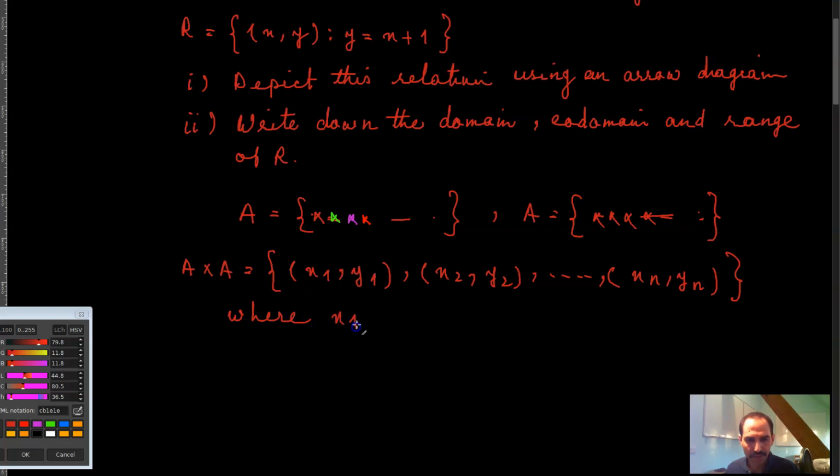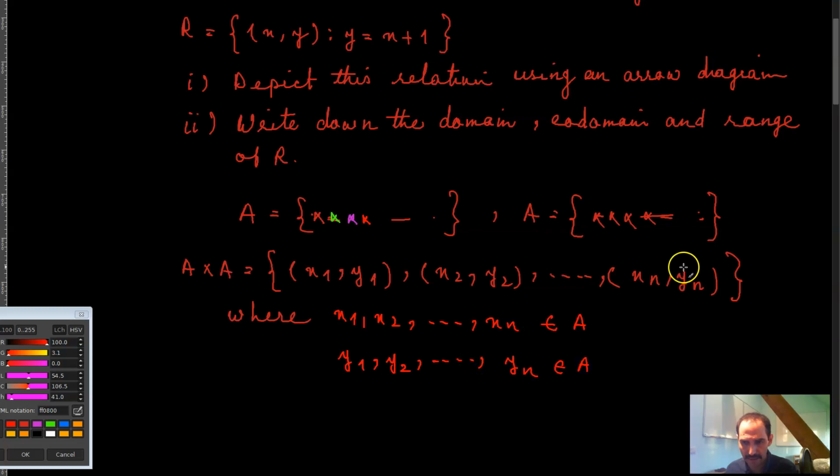So x1, x2, all the way up to xn belong to the set A, and y1, y2, all the way up to yn also belong to the set A, right?